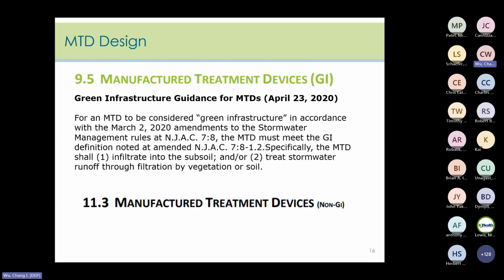So an MTD that uses a biofiltration media and can be configured above ground and incorporate tree boxes, planter boxes, or shrubs will meet the GI definition.